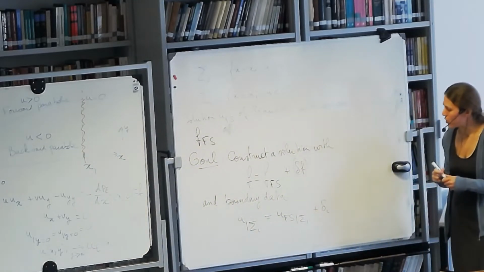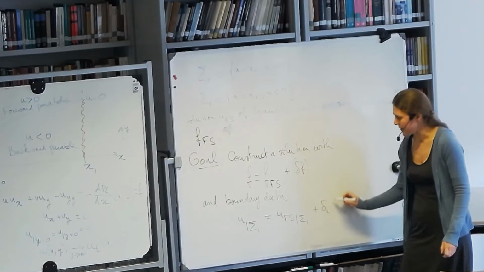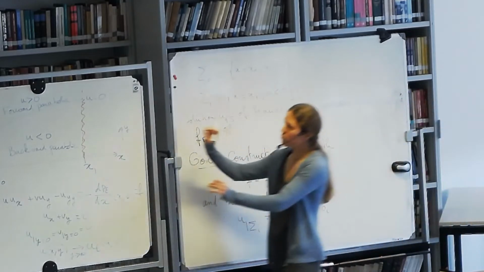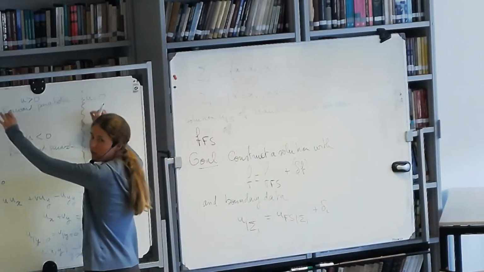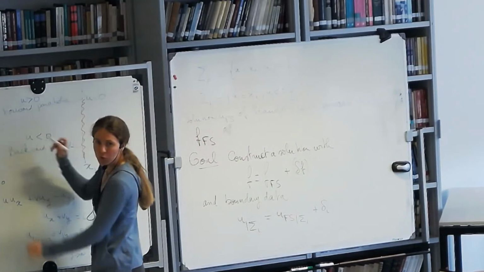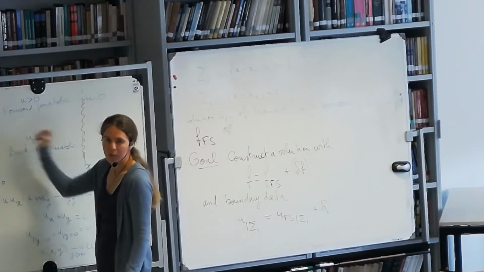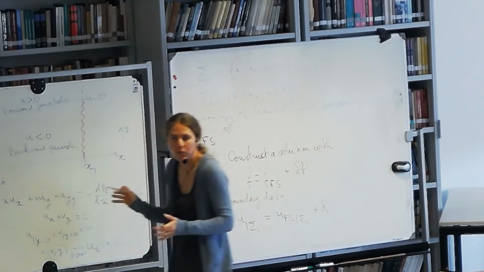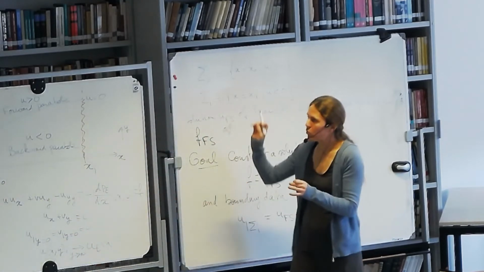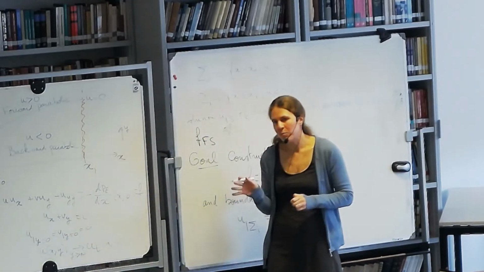The thing is, you can choose the delta i so that you do not move the extremes of the line here. So you assume that they vanish at that point and that point. You choose them very specifically so that they vanish, and so that you don't move the endpoints. It's not that important, actually.